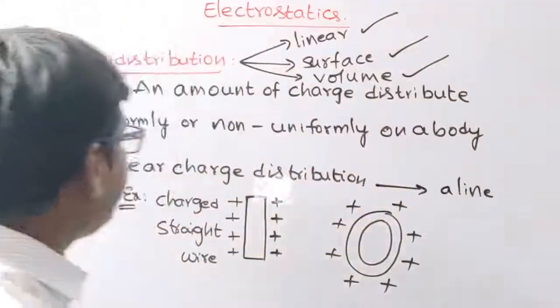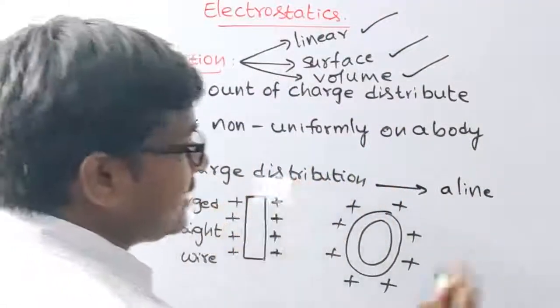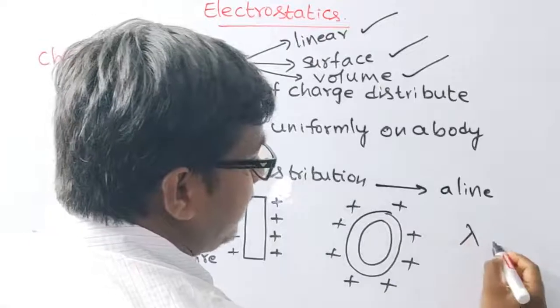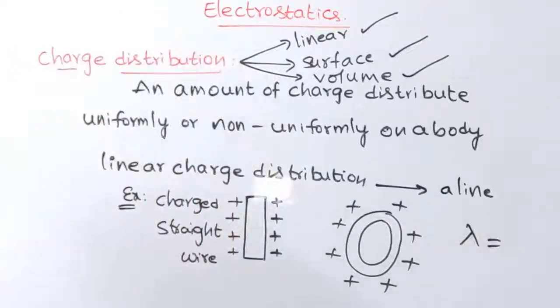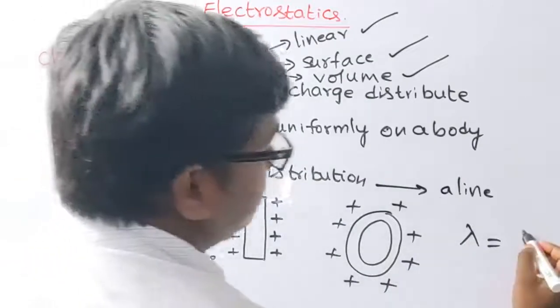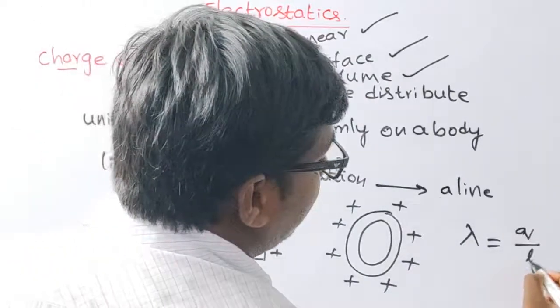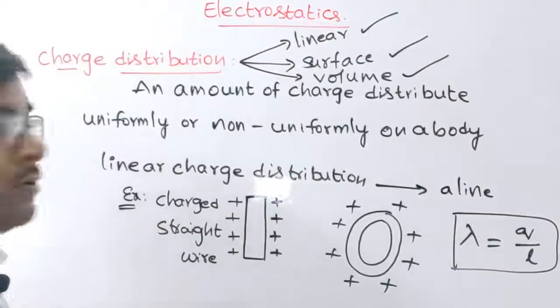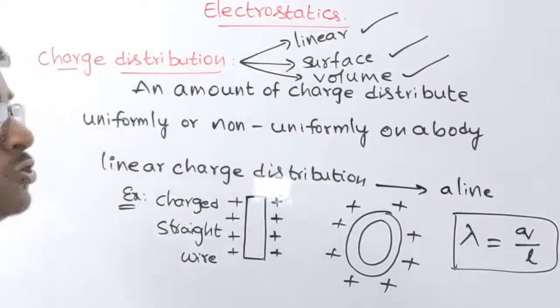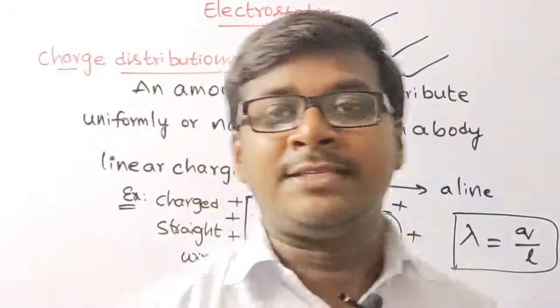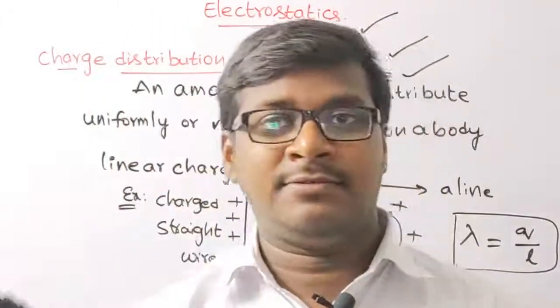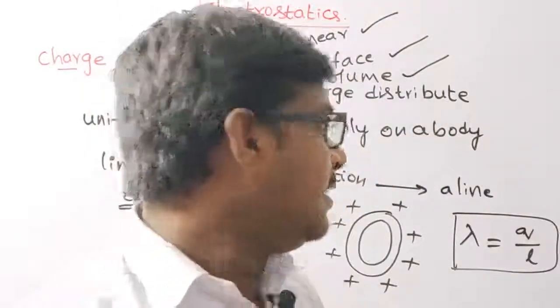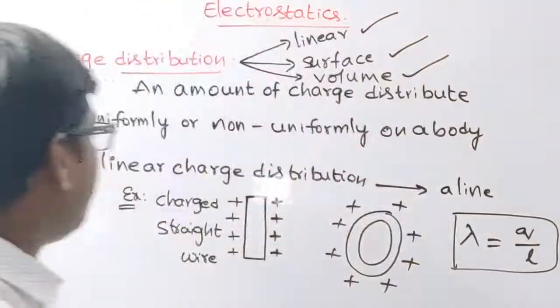In this linear charge distribution, the symbol is lambda. Lambda is equal to charge by length. This is the linear charge distribution. In simple terms, students, linear means a straight line, only one dimensional.